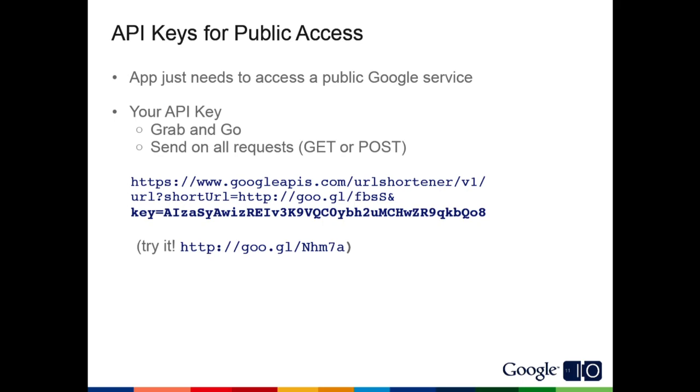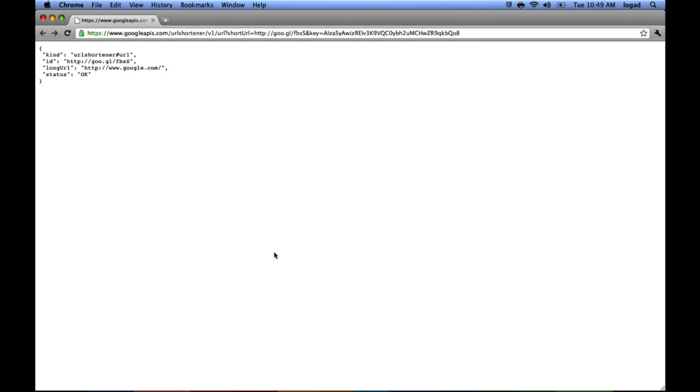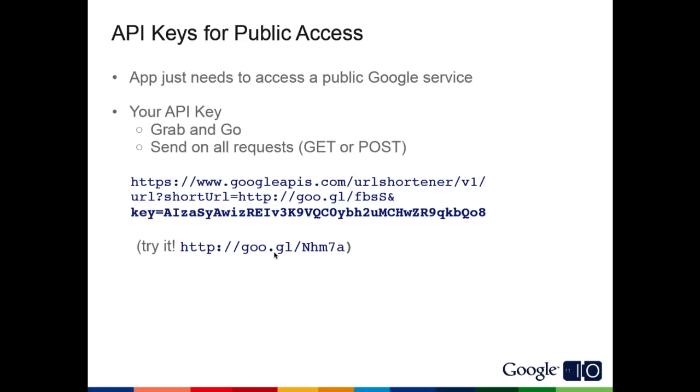And in fact, I encourage you to click on this link now. This link here is the same as the long link above. It calls URL shortener with that key, and we get the same result as before. I encourage you to click on it now because we're going to get back to that a bit later.